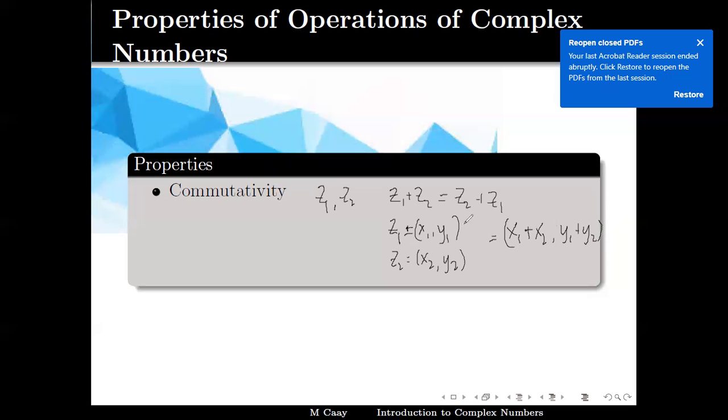But observe that these x sub i's and y sub i's are real numbers. And we already know from the concept of real numbers that real numbers are commutative with respect to addition. So we can commute this one, and therefore this is just the same as z2 plus z1. This also follows for commutativity of multiplication in the set of complex numbers. You can verify it on your own, or if you have questions, you can comment down in the comment section of the video.